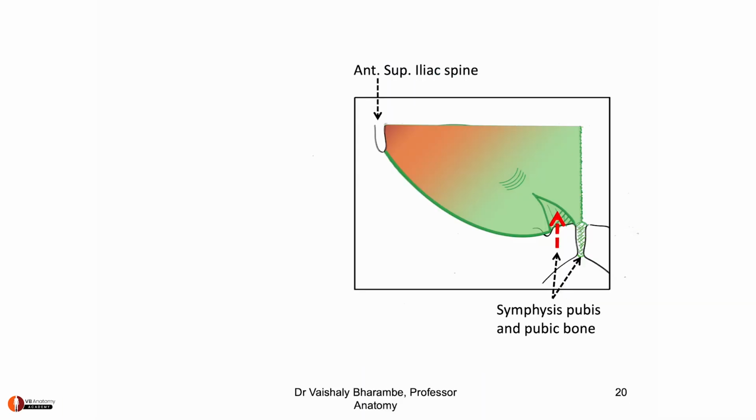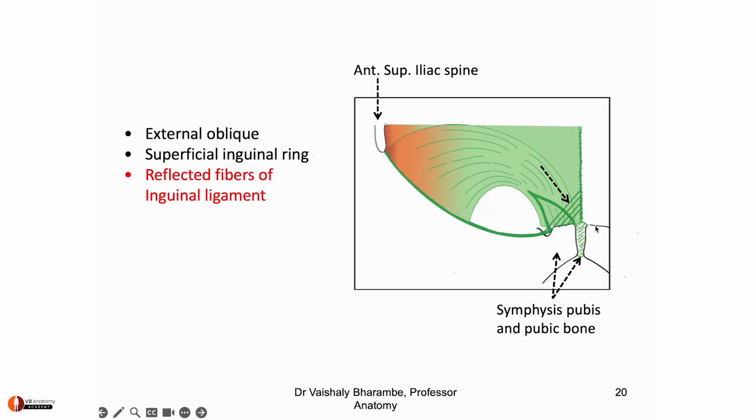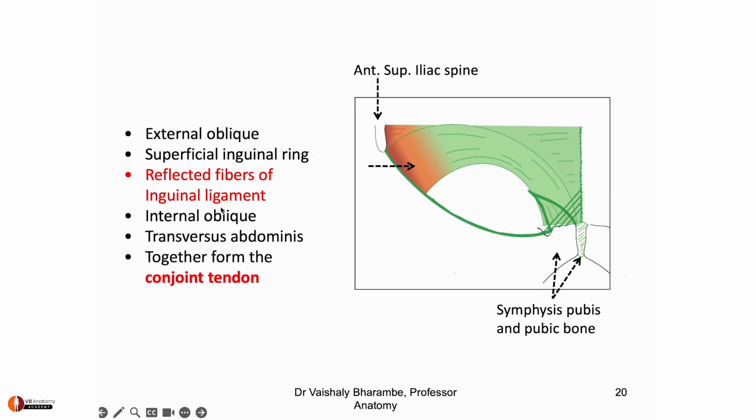Take a look. So here's your external oblique and superficial inguinal ring. Here's the ring. You can see how posteriorly it is strengthened by presence of reflected fibers of inguinal ligament, further posteriorly strengthened by internal oblique and transversus abdominis, together forming the conjoint tendon. So who protects superficial inguinal ring?